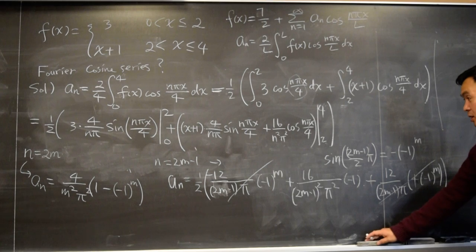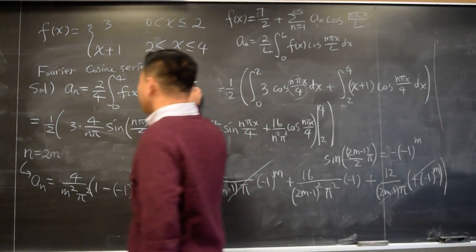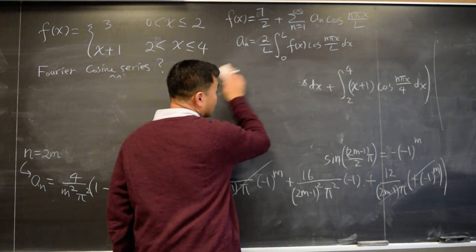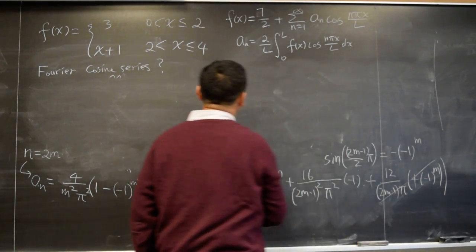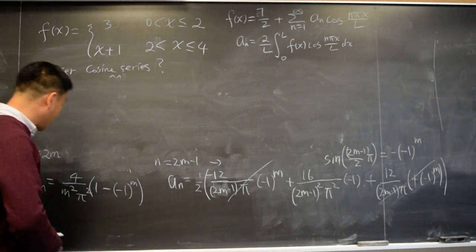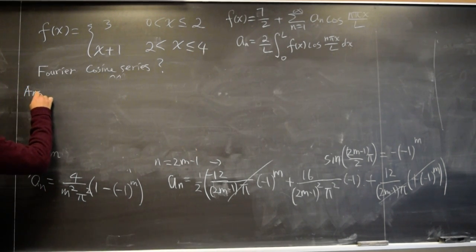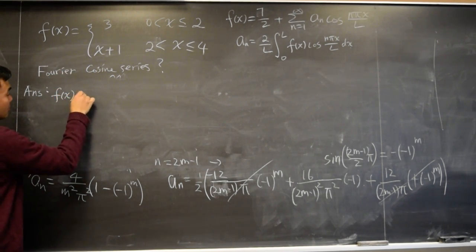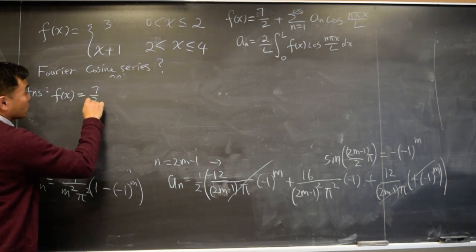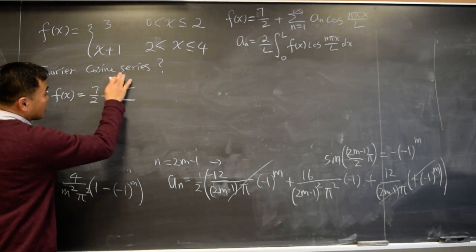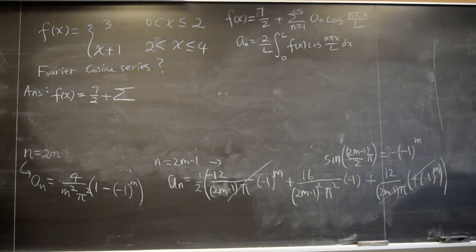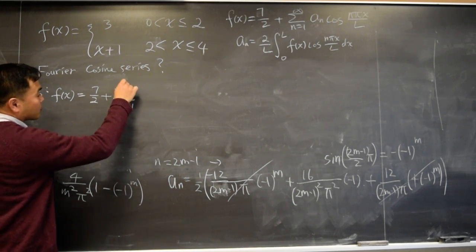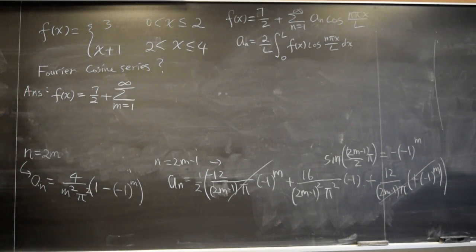And this is what you get. Okay. All right, so how do you write down the final answer then? The final answer should be in that format. So the answer is the following. The above function can be written as f of x equals 7 over 2 plus, now this time instead of saying n equals 1 through infinity, we're going to say m equals 1 through infinity.